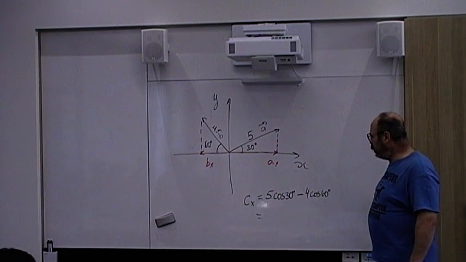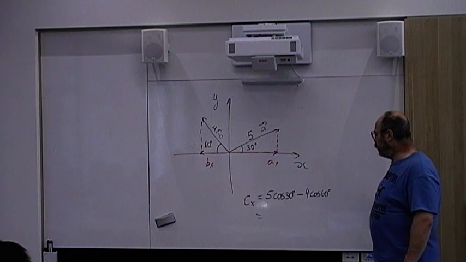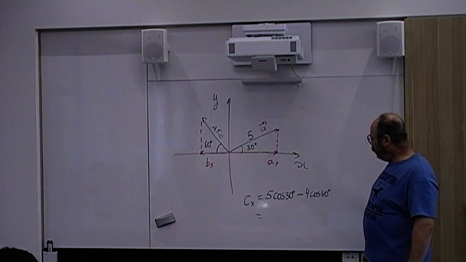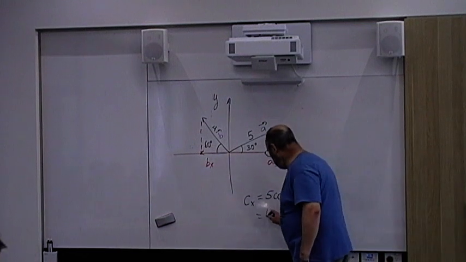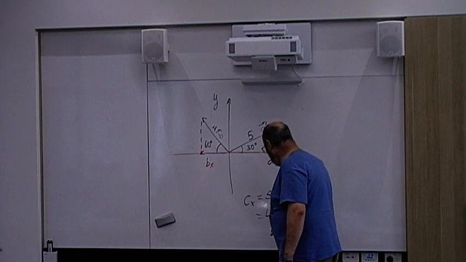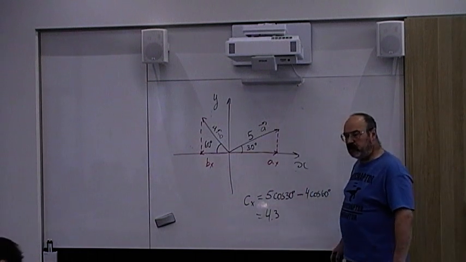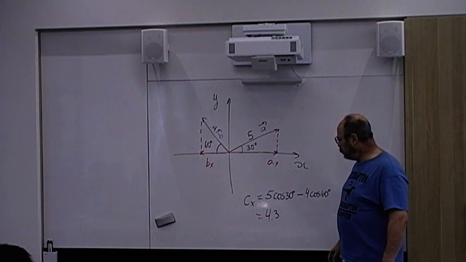So this one will be approximately 2.5. This will be about 4.3 approximately. Can you check with the calculator? Is it cos 30?